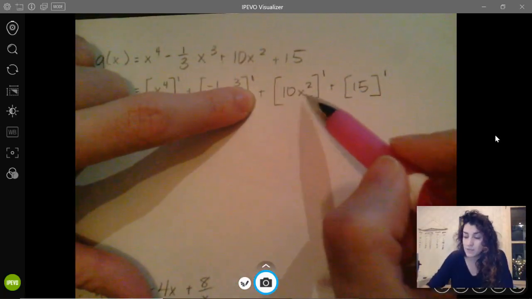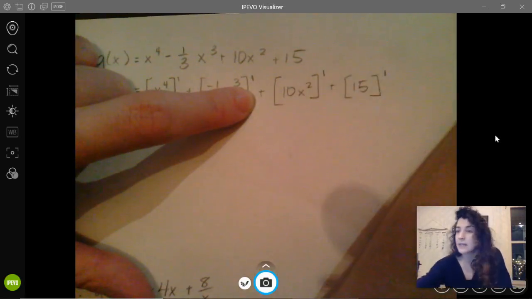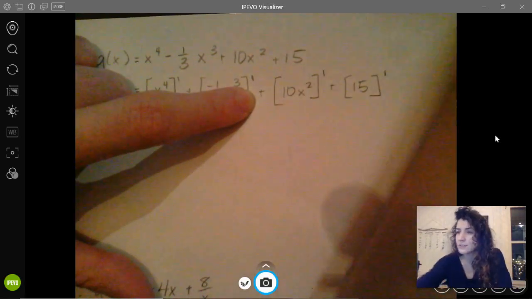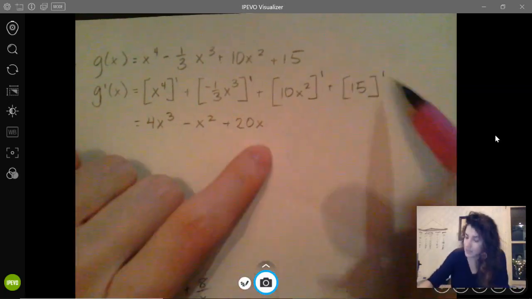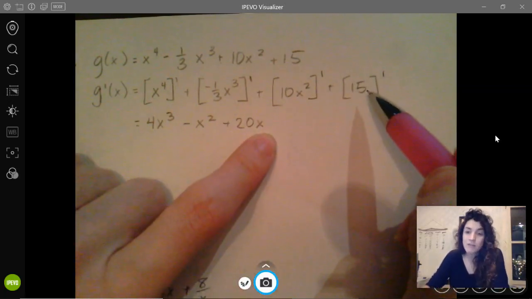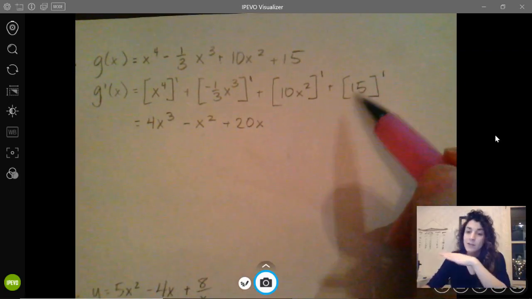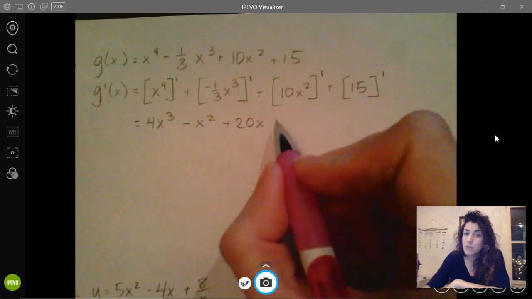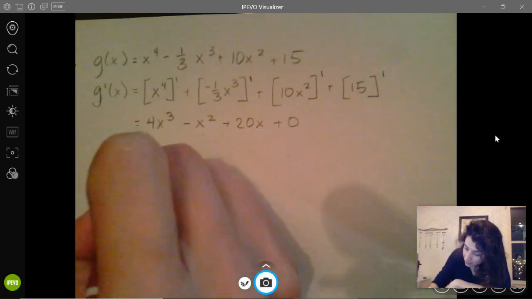The derivative of 10x squared is 20x. Let me just double check that I wrote that down correctly. I did. Plus 20x. And then remember that the derivative of a constant is just 0, because the slope is 0 with the horizontal line. So you can do plus 0 here. It all comes together.